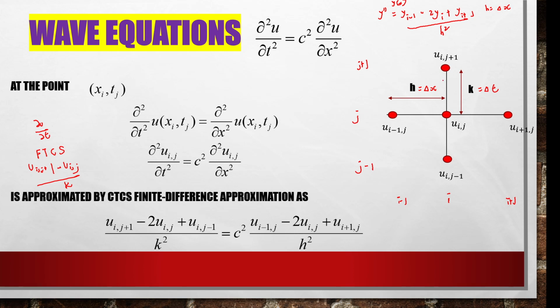You observe that the explicit scheme for the heat equation is a two-level scheme only, levels j and j plus 1. For the implicit heat equation, using the Crank-Nicolson implicit scheme, the center level is j plus half, going from j to j plus 1, still two levels. Now we have three levels when we want to find del 2u del t2.